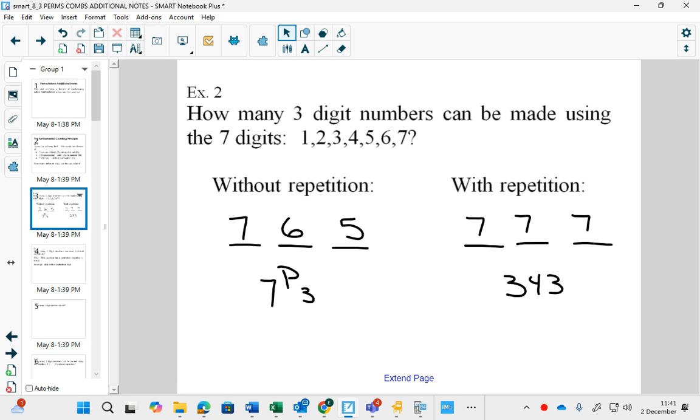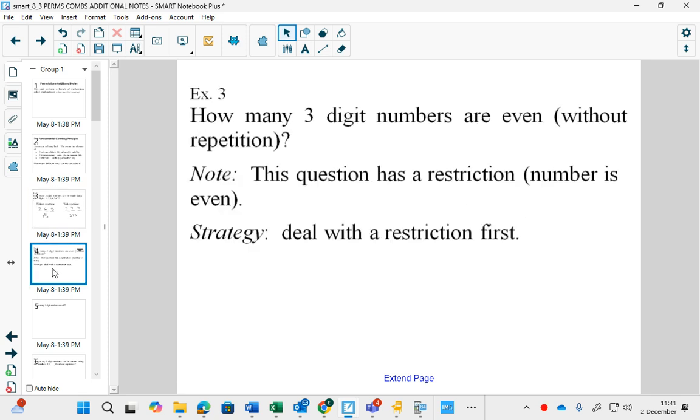Now, in example 3, we're going to introduce a new strategy. We're still going to use the numbers 1 to 7, just like before. And the question is saying, how many 3-digit numbers are even?